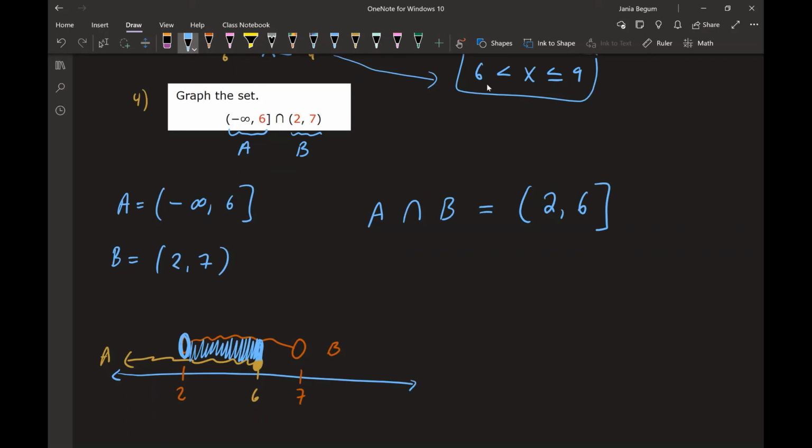But 2 is not, because set B doesn't have 2. So for something like this, you always want to draw it, find out what's in common, shade that in, and then write down the intersection. Any questions on this?